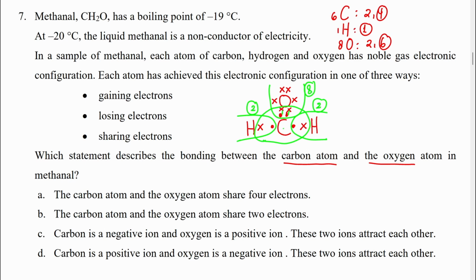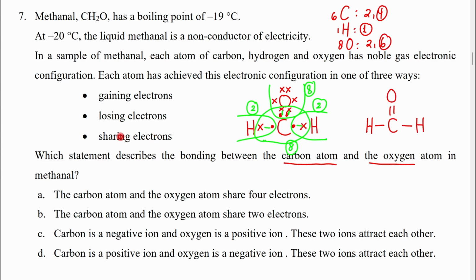So carbon has 4 valence electrons and 5, 6, 7, and 8 in here. So carbon at the end will also become stable or complete, right? So hydrogen will have single covalent bond with carbon and has double bond with oxygen, right?